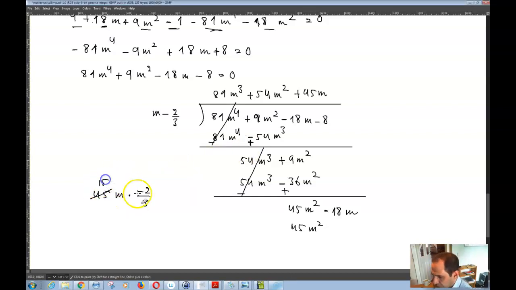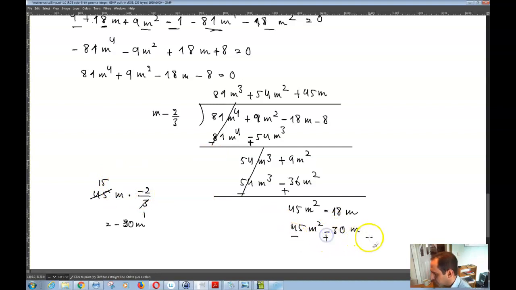So this is 15 times 2, which is equal to negative 30m. So over here I get negative 30m.